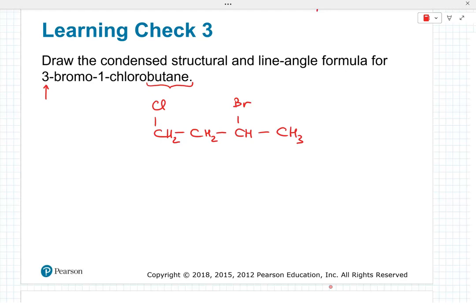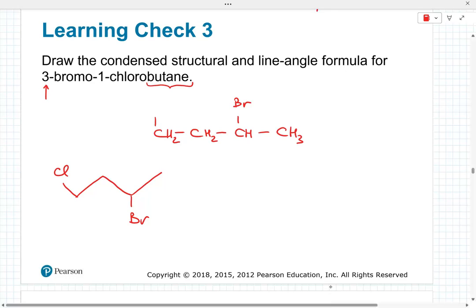Oh. Let me illustrate. So first of all, let's get rid of this, do this stupid angle formula and just reposition this. Okay? Now, I'm going to replace this chlorine for Zach's question with a bromine. Okay?